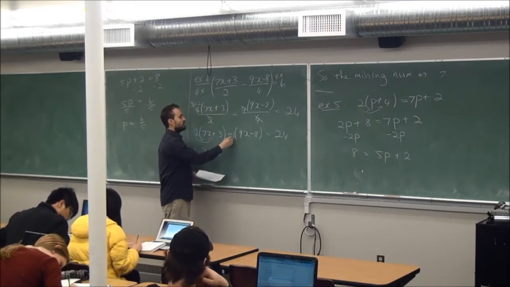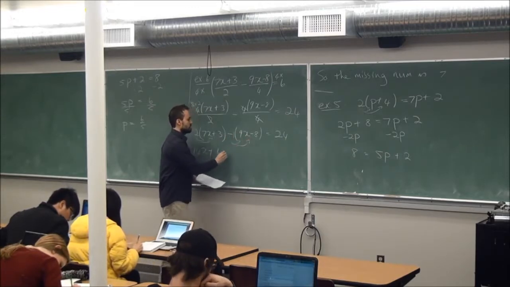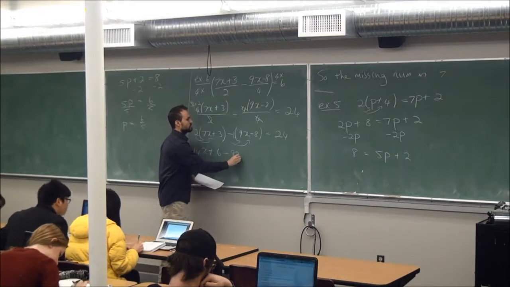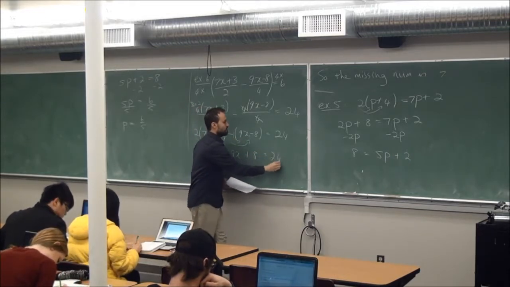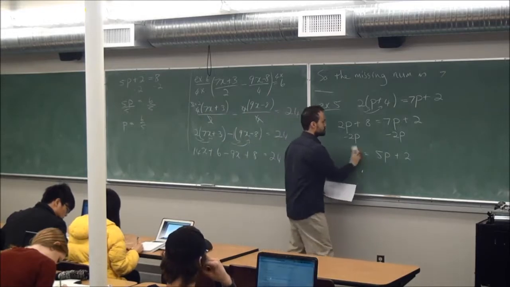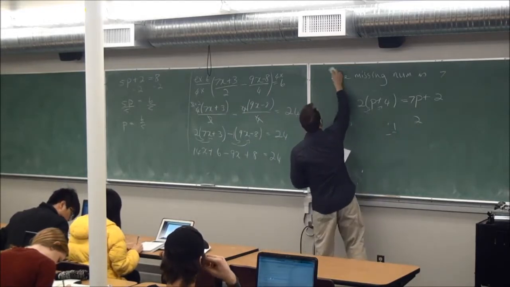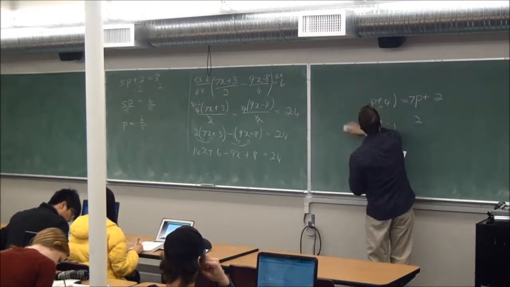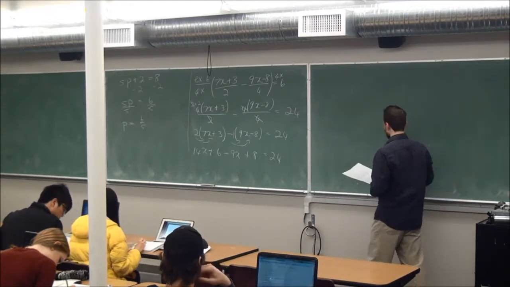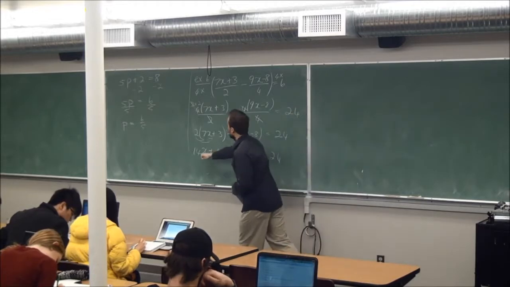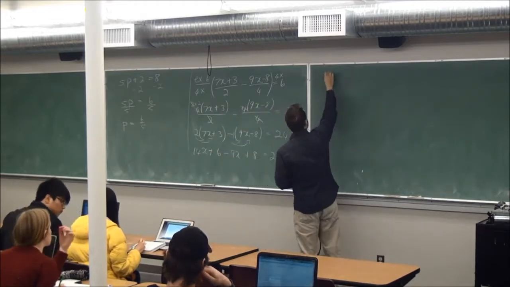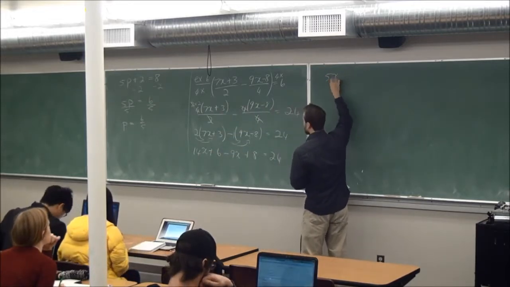There's a negative 1 there that I have to multiply in to get negative 9x. 2 negatives make it positive, and that equals 24. Then I have 14 x's and I take away 9, so I have 5 x's left.